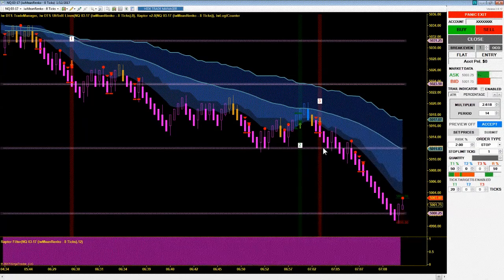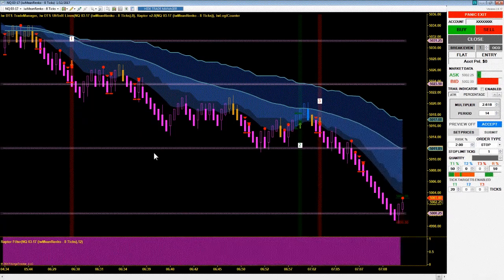So it gives me some time. I'm not scrambling at the last minute trying to hit the submit button, and then if I'm a little bit too slow or the market's a little bit too fast, the market runs away from me. So the LogiCounter is a very, very helpful tool in helping you plan your trade.